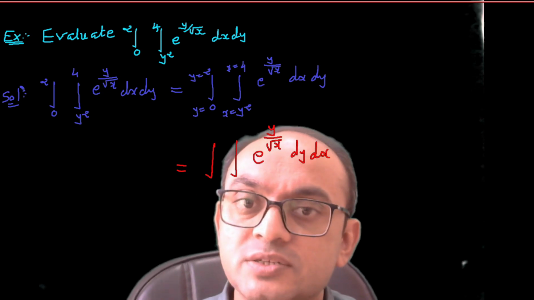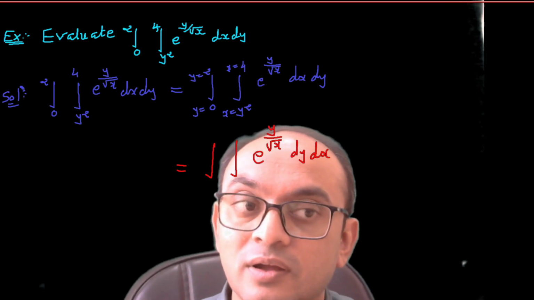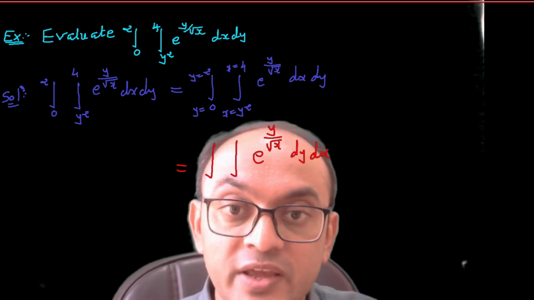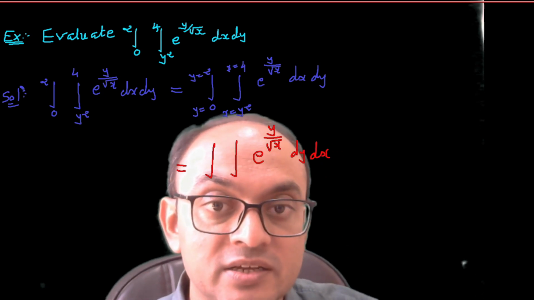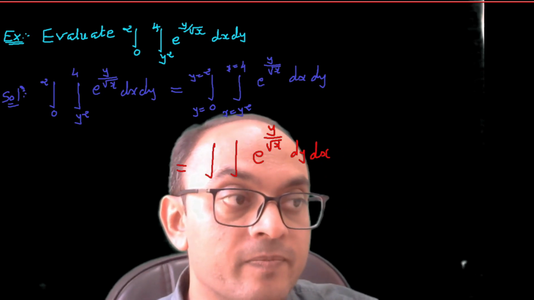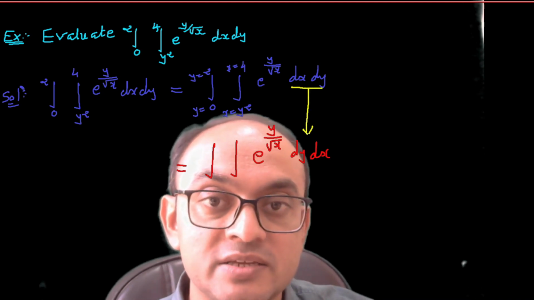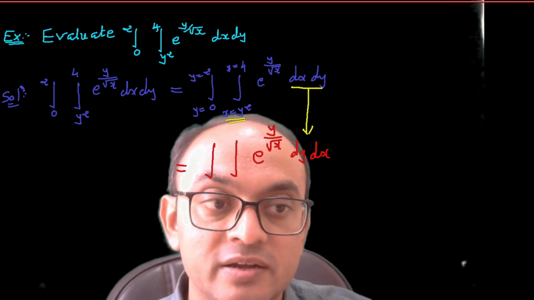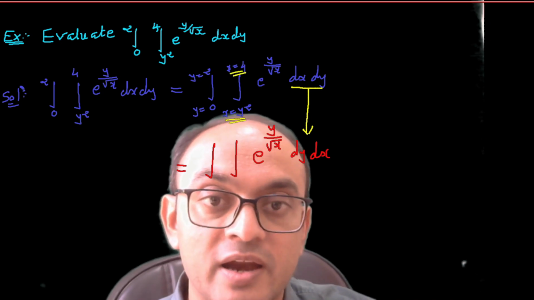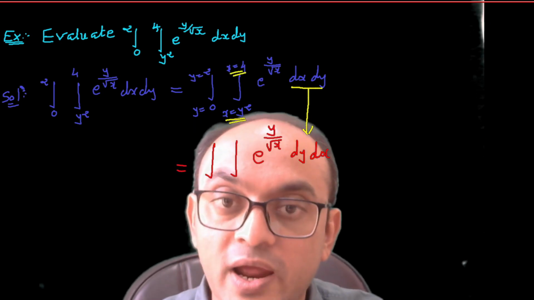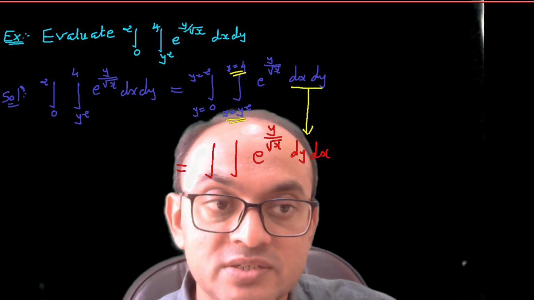But what about the limits? Do you think that when we are interchanging this dx dy by this dy dx, we need to write this in terms of x and this in terms of y? How to write? We have this limit.